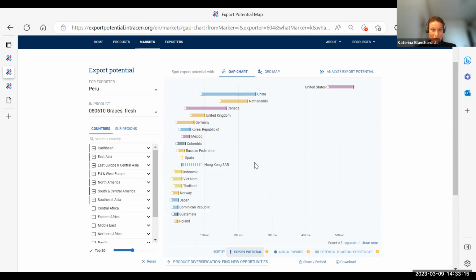They focus a lot on this market. So here we have the example of a country where the export potential as calculated is actually lower than the actual exports. We can also illustrate the same with the geomap.